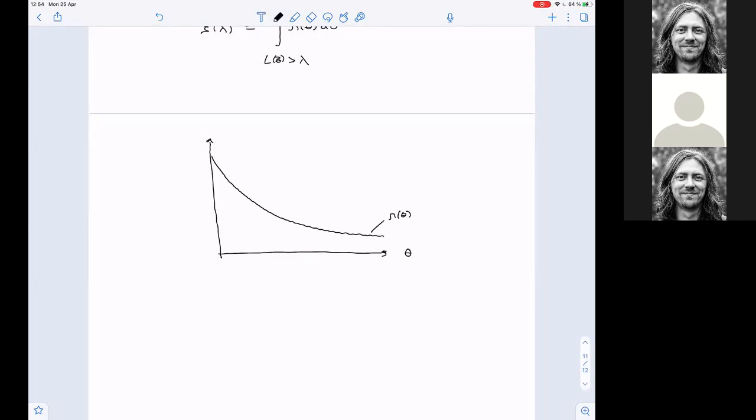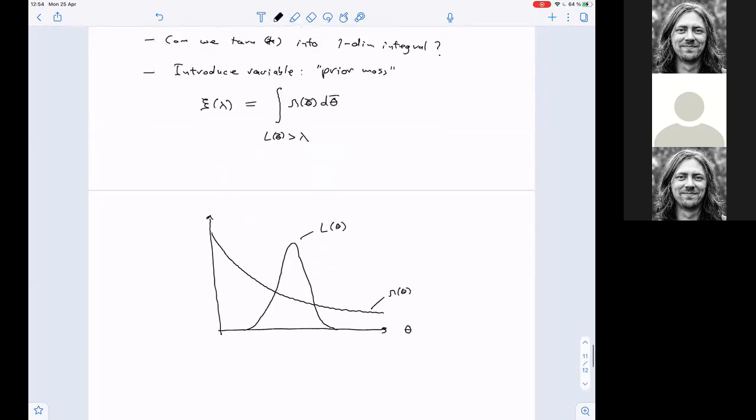And say over this same parameter space we have a likelihood function. Let's just make it approximately Gaussian-like. Not very Gaussian-like, but you get the point. So this is my likelihood. And then I can define a lambda, which is just now a likelihood threshold. So let's say I put my lambda here.